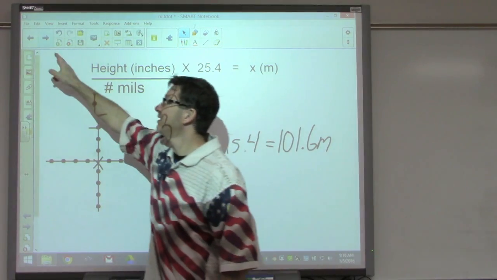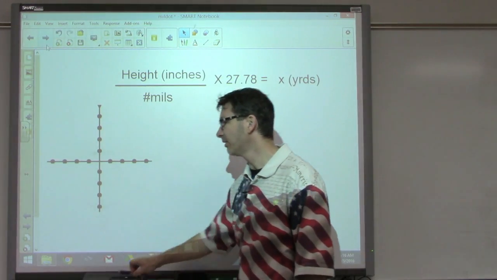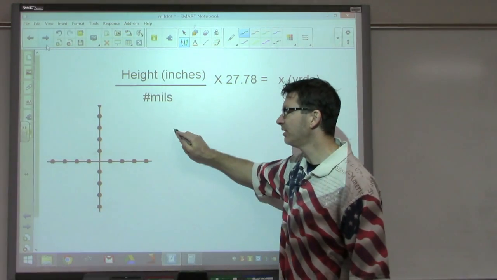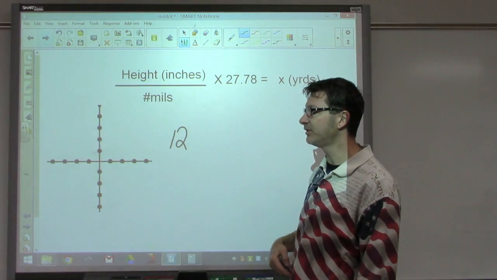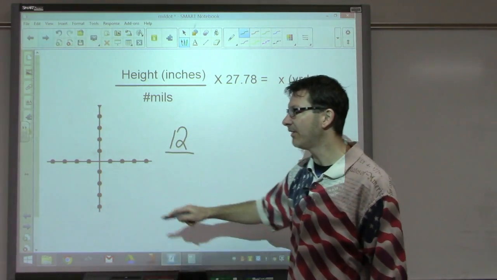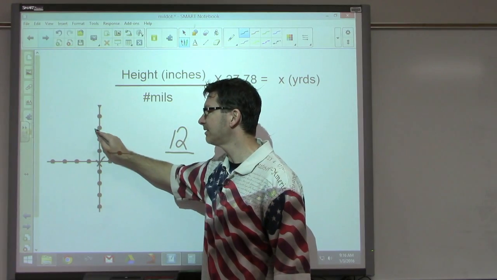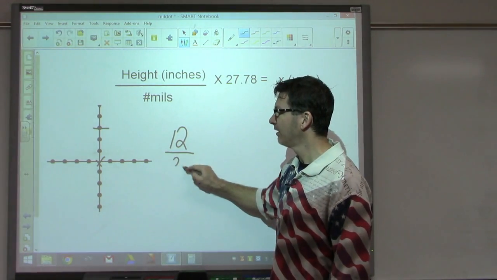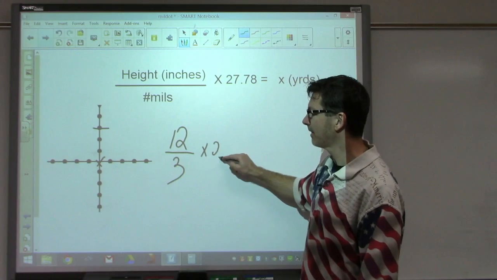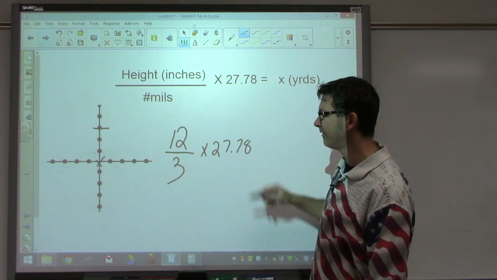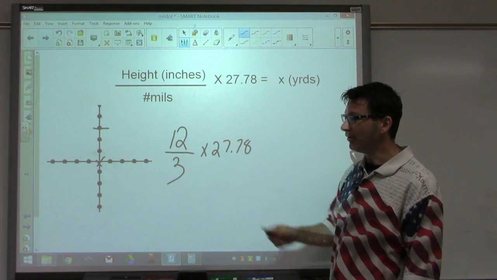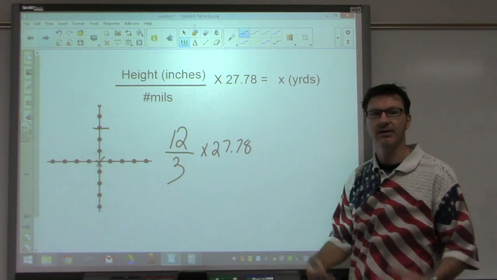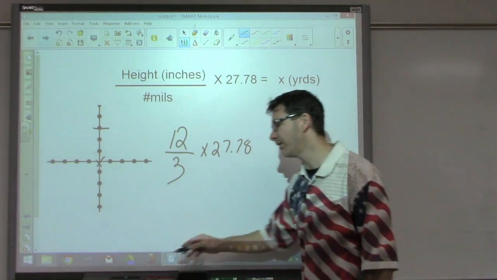The third example is done the exact same way, only you calculate the conversion a little bit differently. Let's say I'm shooting the same target, 12 inches tall. I look through my rifle scope and it's the exact same, 3 mils tall, because I haven't moved it yet. And then you have 27.78. So 12 divided by 3 is 4, times 27.78. Well, who doesn't have a cell phone in their pocket, right?